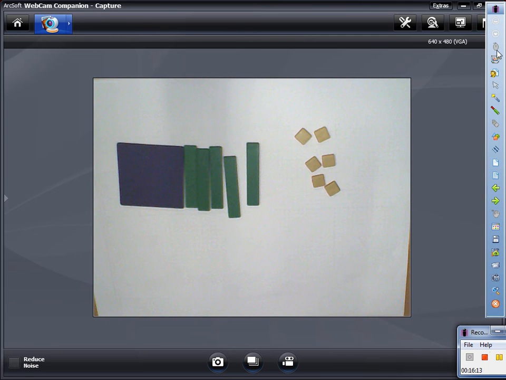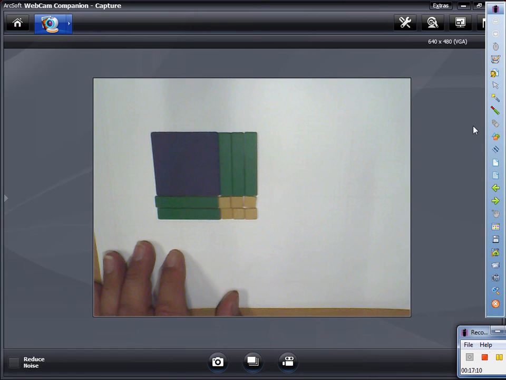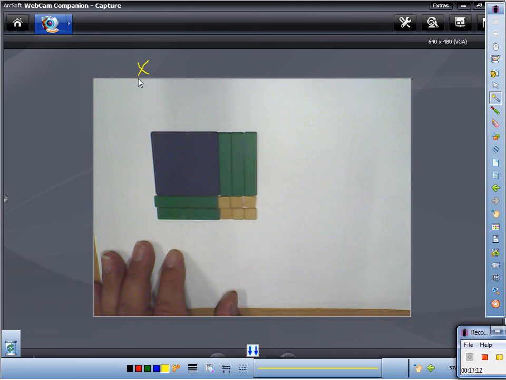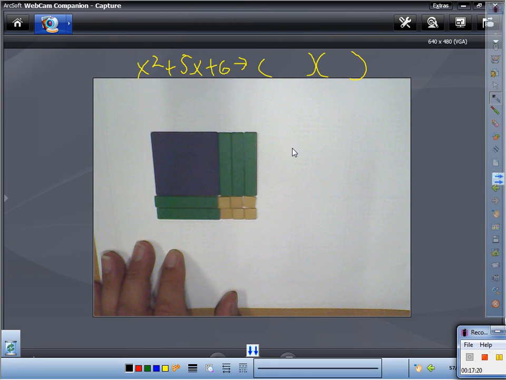Okay. So, let's see what we got. We had x squared plus 5x plus 6, and we're going to get our two factors. But before that, I'm going to draw my picture on the side. Here's a rectangle. Line down, line across. What goes here? X squared. What do I label this one right here, everyone? 3x.